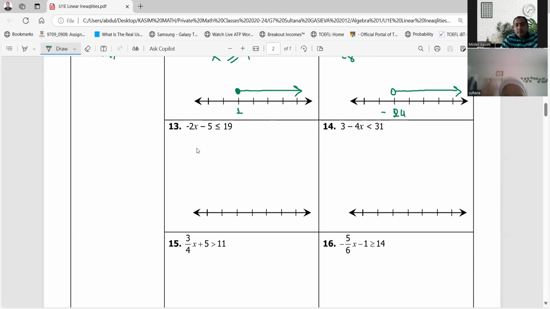Yeah, I mean equal to. Very good. So the first step, 2x less than or equal to 24. So we are dividing by a negative, that's why we should reverse. x is greater than or equal to -12. So suppose -12 is here. So it is closed, right? Greater means pointing to the right.